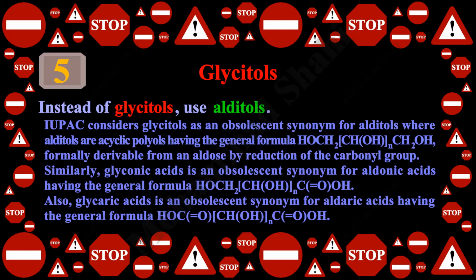Similarly, glyconic acids is an obsolescent synonym for aldonic acids, where aldonic acids are polyhydroxy acids having the general formula HOCH2 CHOH taken n times COOH, and therefore derived from an aldose by oxidation of the aldehyde function.